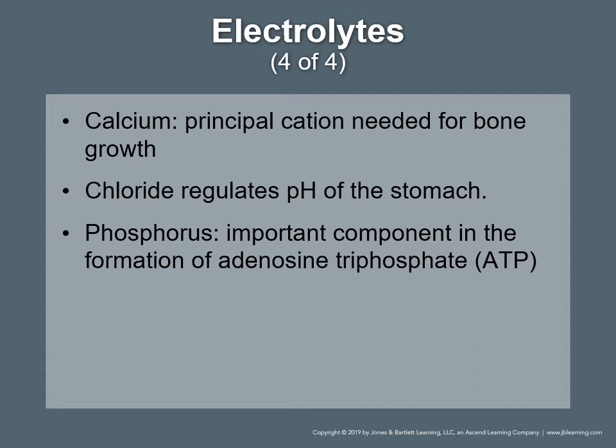Calcium, or Ca positive, is a principal cation needed for bone growth and plays an important part in the functioning of heart muscle, nerves, and cell membranes, also in blood clotting. Hypocalcemia, low calcium, can result in overstimulation of nerve cells that results in skeletal muscle cramps, abdominal cramps, carpopedal spasms, those are the hand and the feet, hypotension, and vasoconstriction.